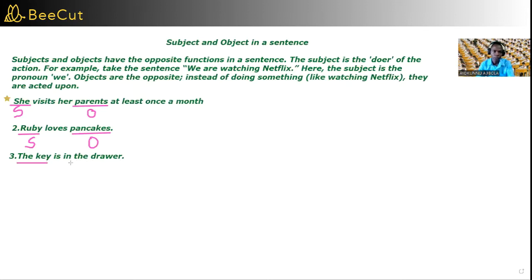In this case, I put S for subject under the key, while O for object under the drawer.